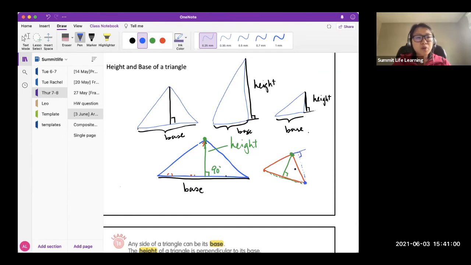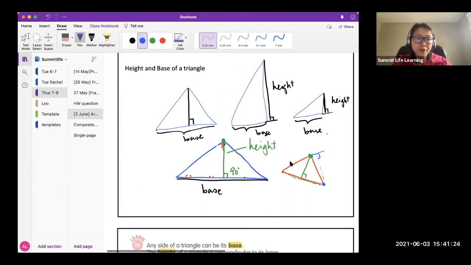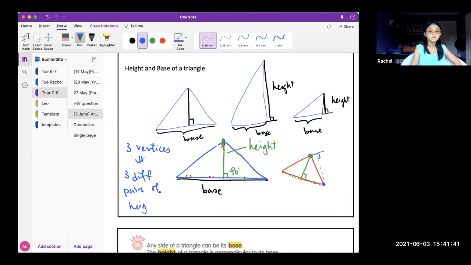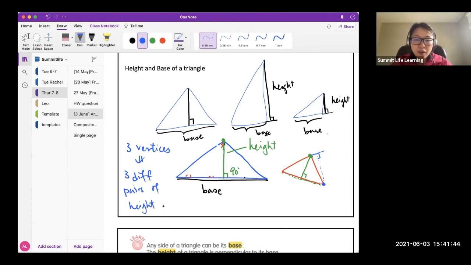So for a triangle, we actually have 3 pairs of heights and bases. I have mentioned there are 3 vertices in a triangle, so we have 3 different pairs of heights and bases.